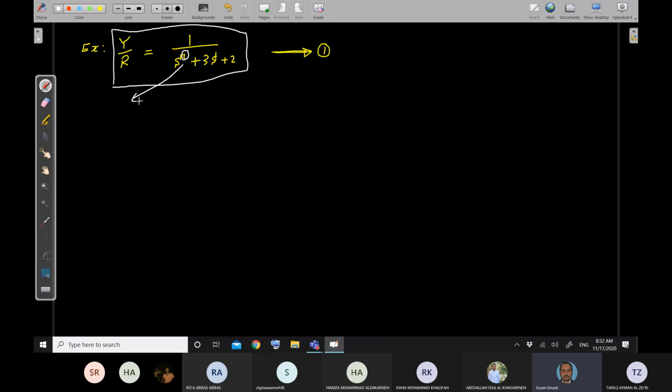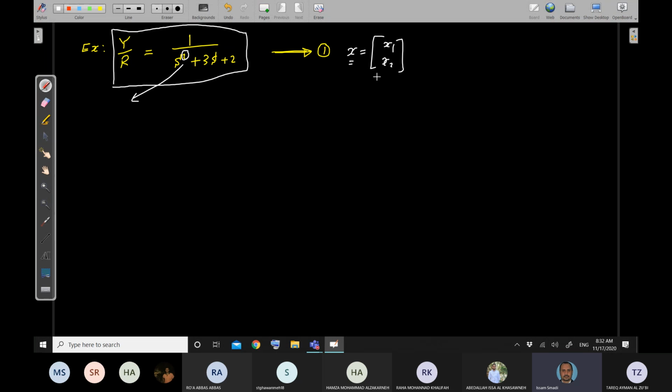So the highest power of s here is 2. So this means that I need 2 state variables, so x will equal x1, x2, because I have a vector that consists of 2 state variables.